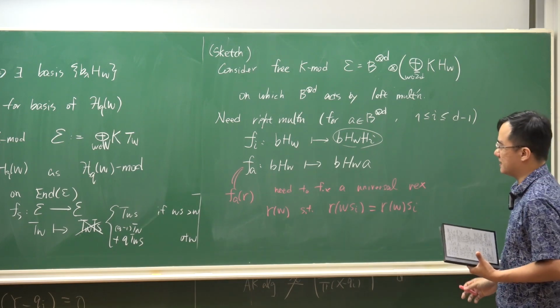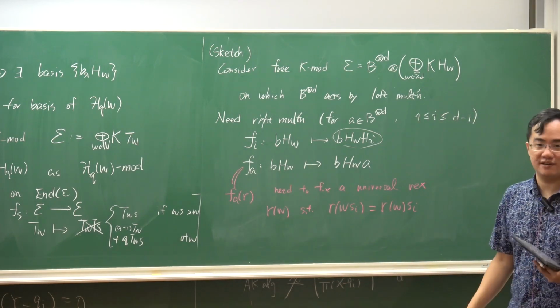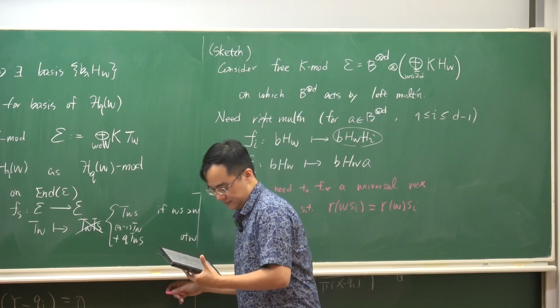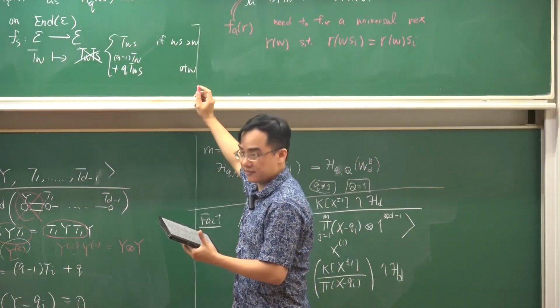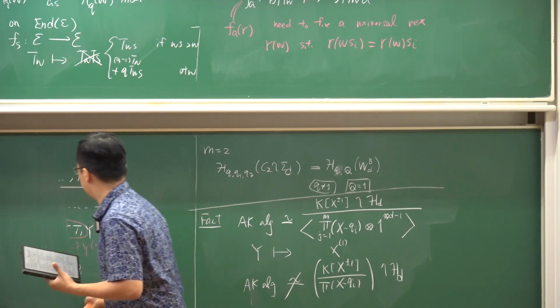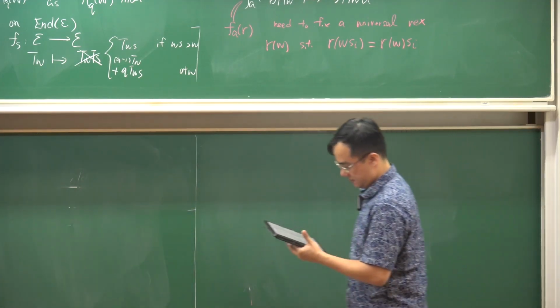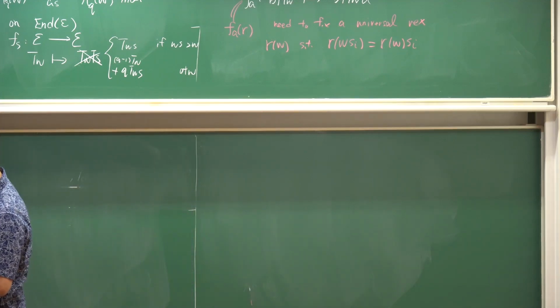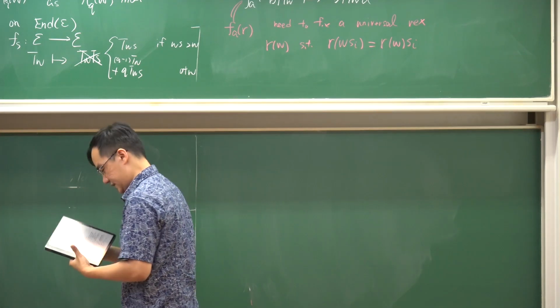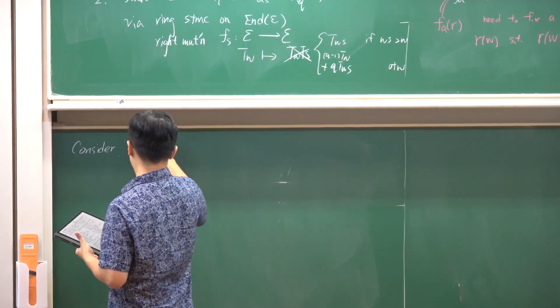And then the problem is we want to show that this map is independent of the choice of this R. The way to do it is to consider a filtration on epsilon.